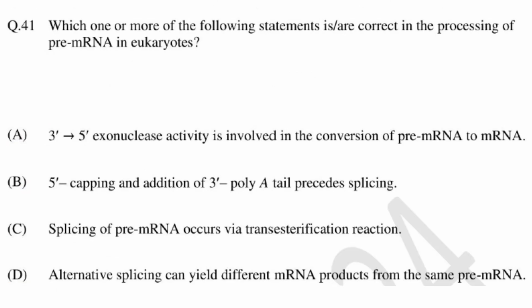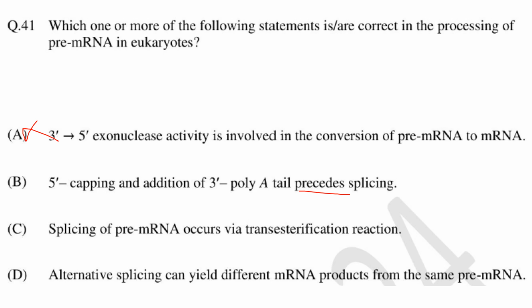Then which one of the following statements is or are correct in the processing of pre-mRNA in eukaryotes? 3' to 5' exonuclease activity is involved. It is not involved. It doesn't have anything to do with pre-mRNA to mRNA conversion. So A is not correct. 5' capping and addition of 3' poly A tail precedes splicing.